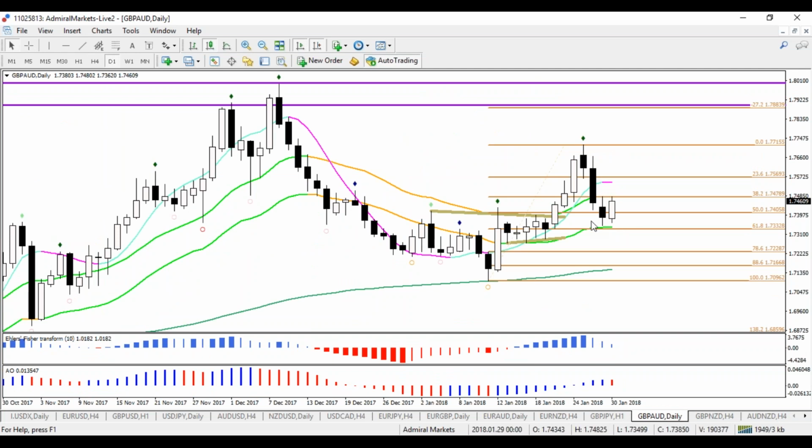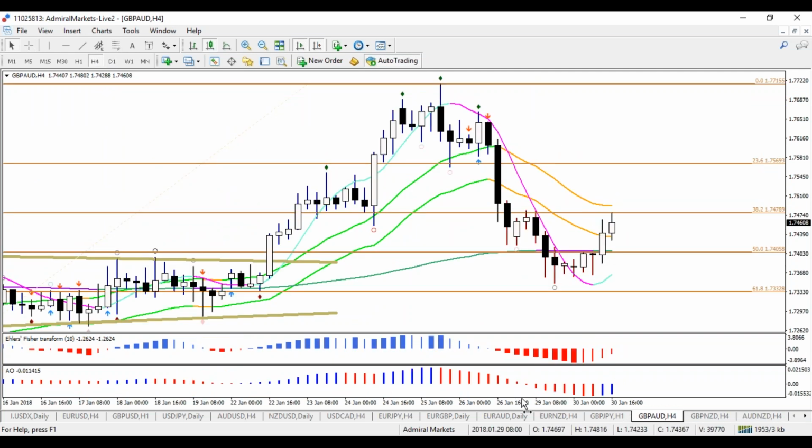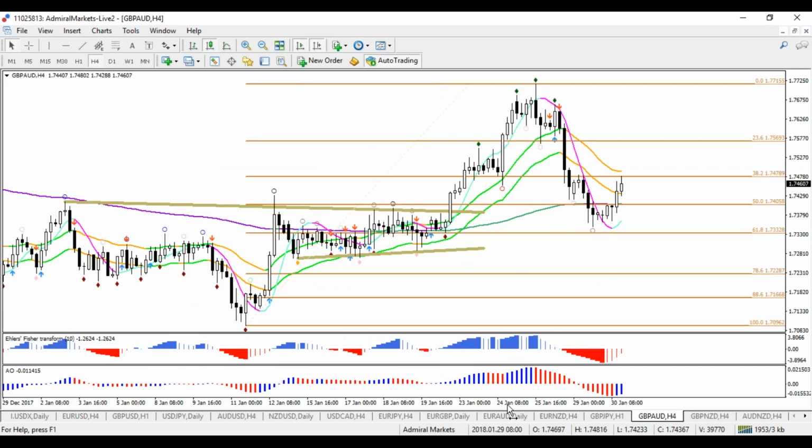Bounce off the 61.8 fib. I would be interested in seeing how price responds here. I don't have any setup in mind at the moment. I'll probably keep analyzing it.